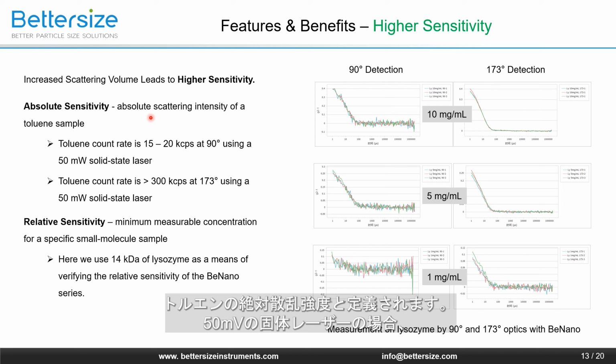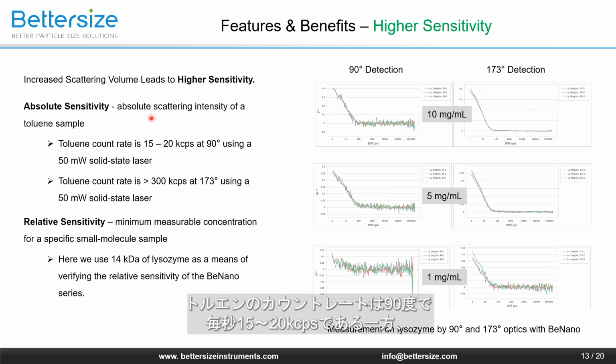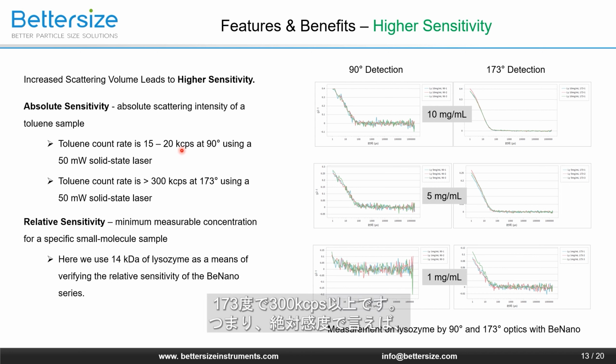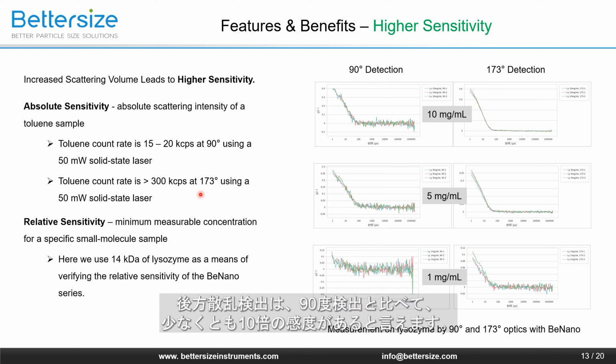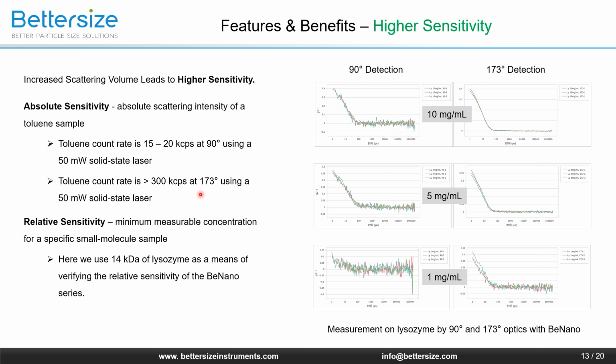With a 50 mW solid-state laser, the toluene count rate is 15 to 20 kilocounts per second, abbreviated as kcps, at 90 degrees, whereas the toluene count rate is more than 300 kcps at 173 degrees.